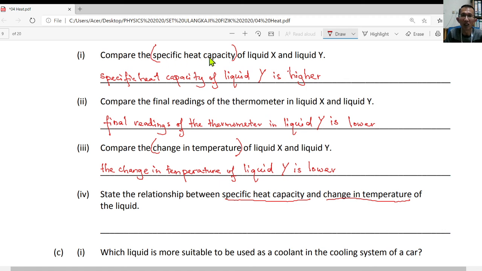The specific heat capacity higher, the change in the temperature lower. So that is the answer there.